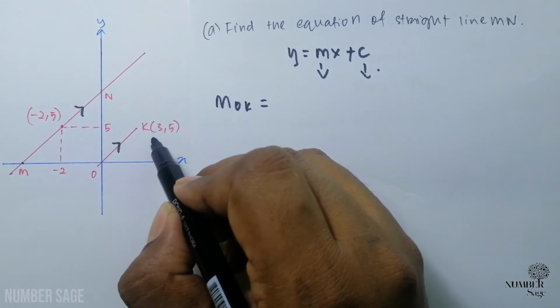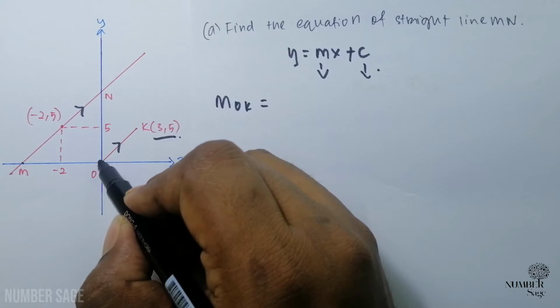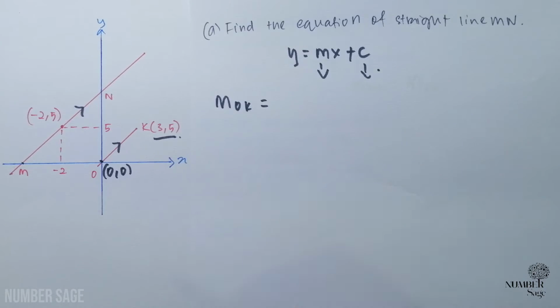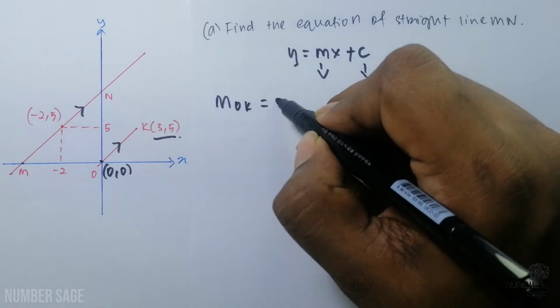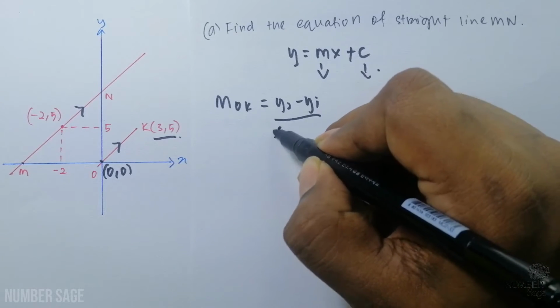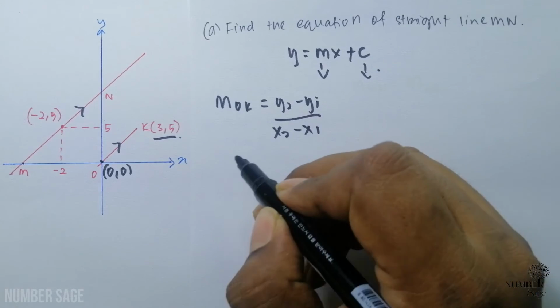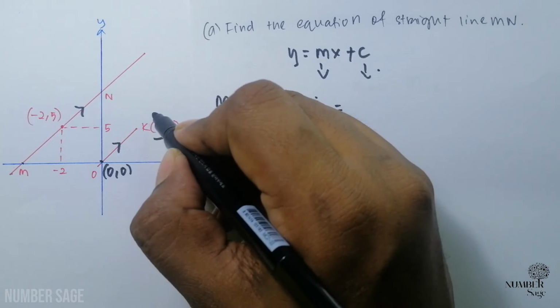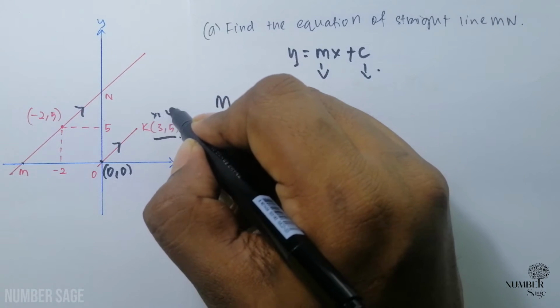We have one coordinate over here, and this is the origin. Origin is always 0, 0. This is the second coordinate. From this, we replace these two into the gradient formula. This is x1, y1.